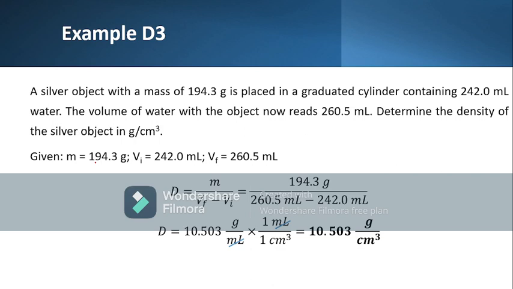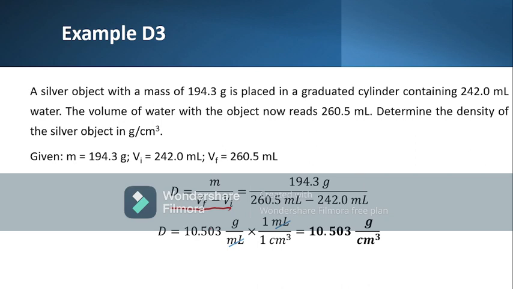Volume initial is 242 ml, and volume final is 260.5 ml. Using this formula, we have 194.3 grams all over 260.5 final volume, minus initial volume 242.0 ml.